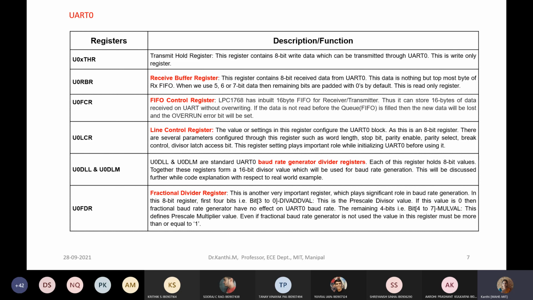Even if the fractional baud rate generator is not used, the value in this register must be greater than or equal to 1. This is used in exceptional cases. We normally don't use it, but just for curiosity's sake, we can see the application of this particular register.